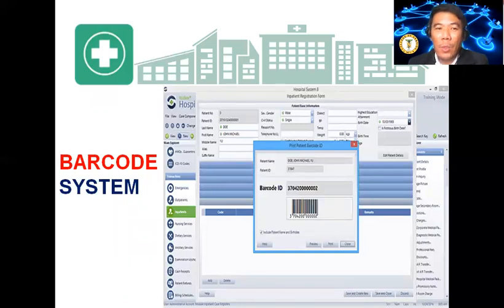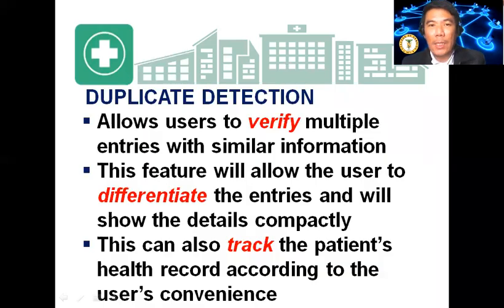Okay? So on the barcode system, let's now proceed with duplicate detection. With duplicate detection, when information is entered repeatedly, it could be tracked to prevent errors.